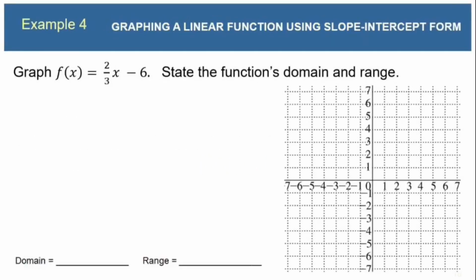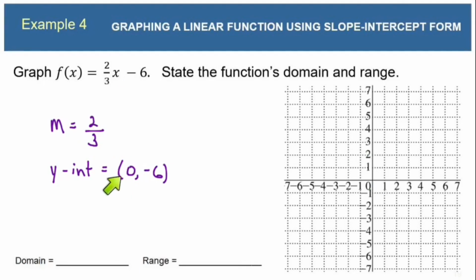Okay, example 4. Graph f of x equals 2/3 x minus 6. State the function's domain and range. Well, we can look at this equation and know that the slope of this line is going to be 2/3, and the y-intercept of this line is going to be (0, -6). So once we have that information, it's easy to graph.